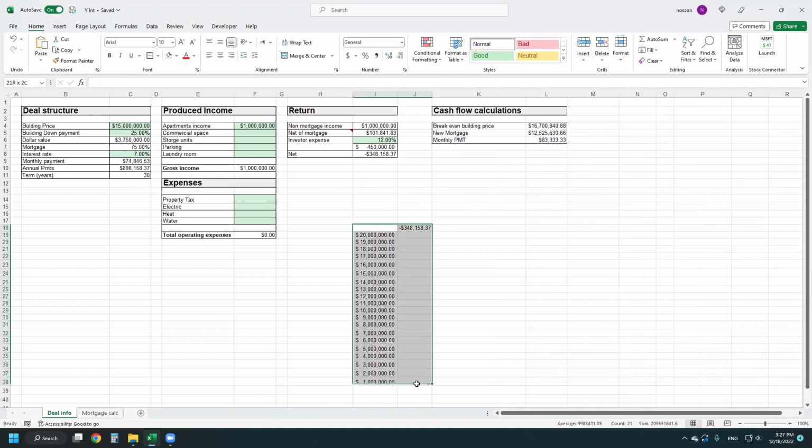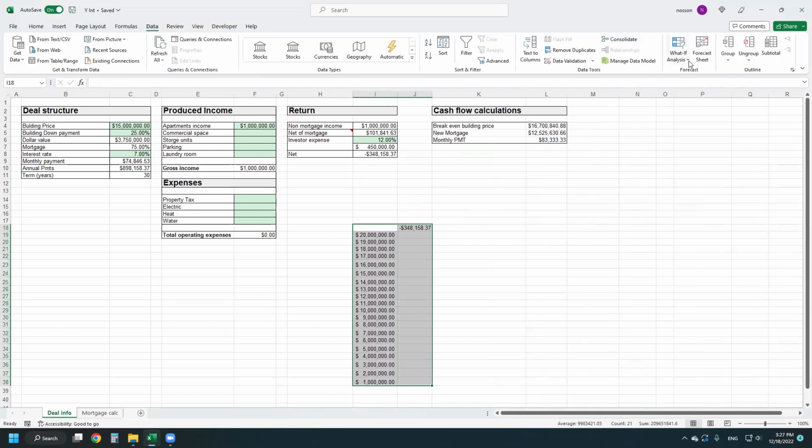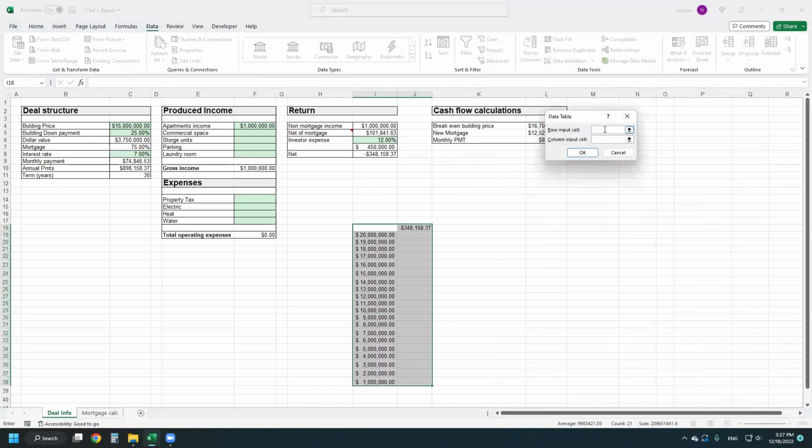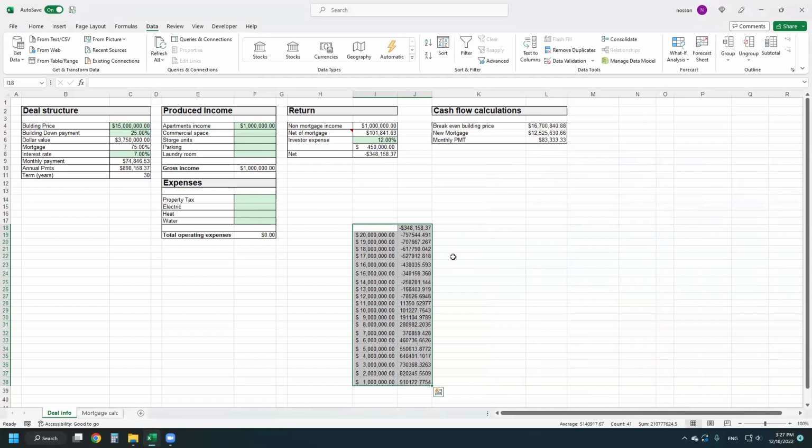We highlight the table and go to Data Table. It's a column input cell because we have a column-based data table. The column input cell is the cell that these values are representing. Okay, enter.